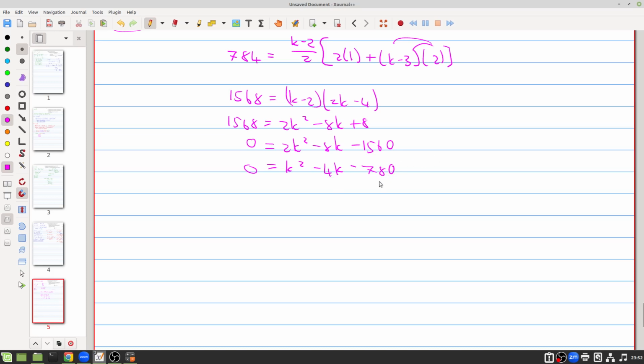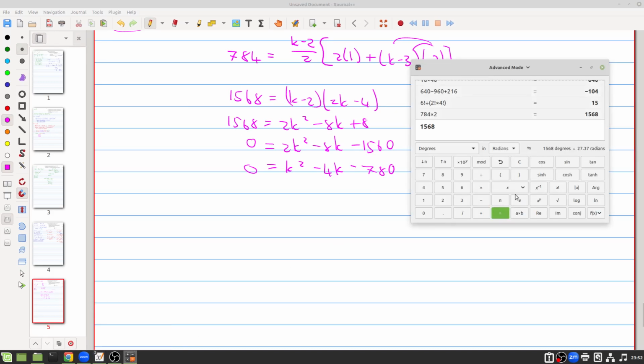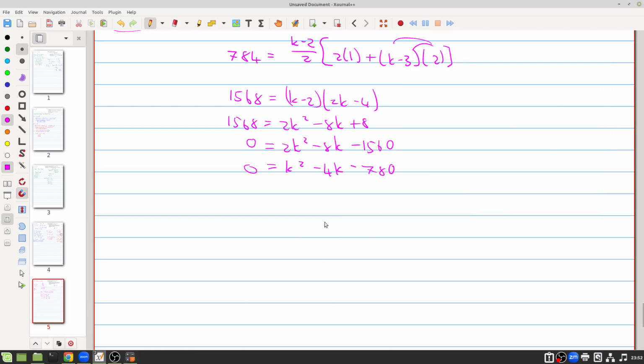What about 30 and 26? Because 25 times 25 is like 625, 30 times 30 is 900. This seems roughly in the middle somewhere. So let's say 30 times 26? 780. Okay, perfect. Good guess.